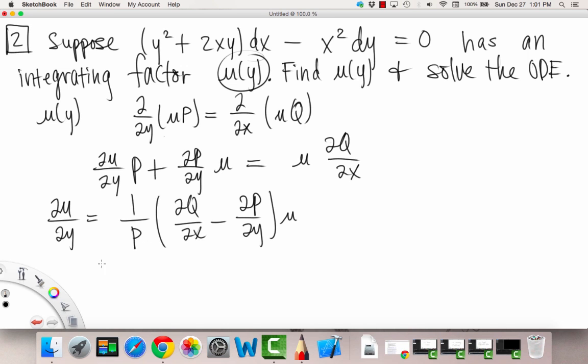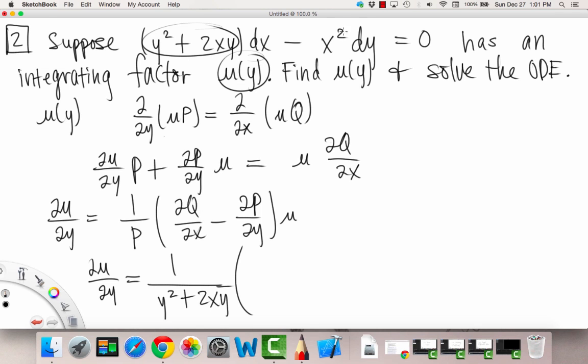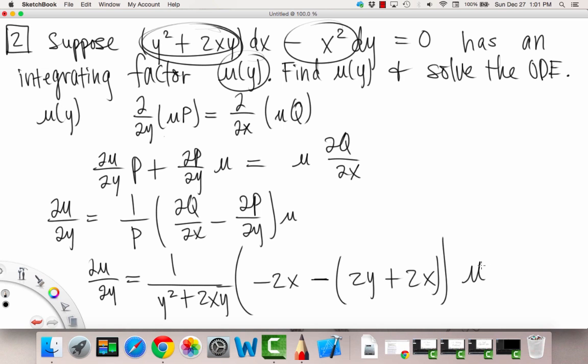When we fill these in, we get partial mu partial y is equal to 1 over p, and p is this thing, y squared plus 2xy, times the partial of q with respect to x. q is negative x squared, so the partial with respect to x is just negative 2x. Then we subtract the partial derivative of p with respect to y, which gives us 2y plus 2x. And then we have our mu.